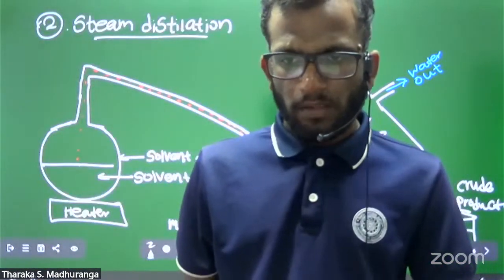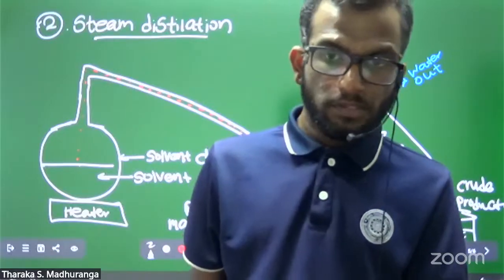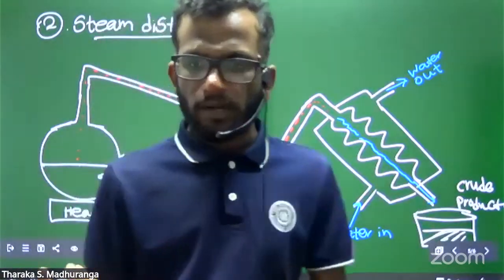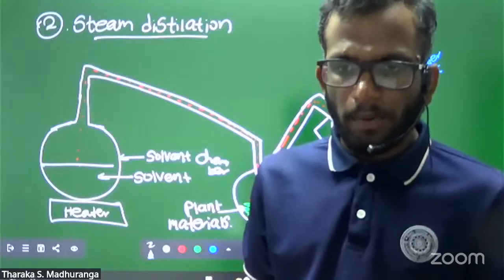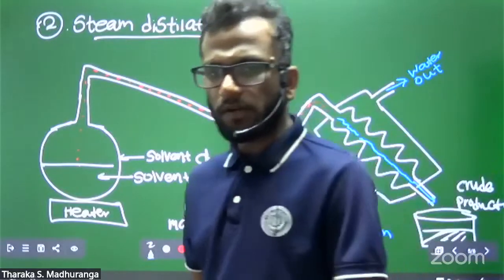The solvent collides well with the plant product. Yeah, that's an advantage. Good. The vapor of the solvent reacts with the plant material at a higher temperature. Good, that's also an advantage.